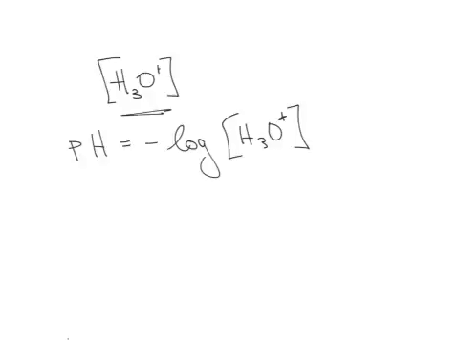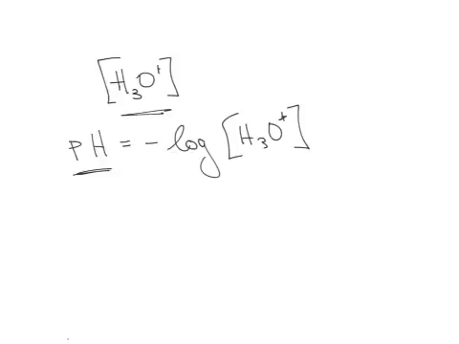This part here you really don't have to understand. If you haven't had that yet in chemistry, that's okay. pH is the measure of the acidity or the alkalinity of a solution.